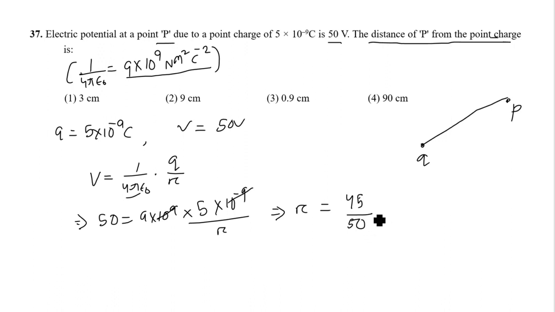This is our distance in meters. If we make it into centimeter, since the options are in centimeter, we have to multiply by 100. So 45 by 50 into 100, which gets cancelled with 2, becomes 90 centimeter. So 90 centimeter is our option number 4.